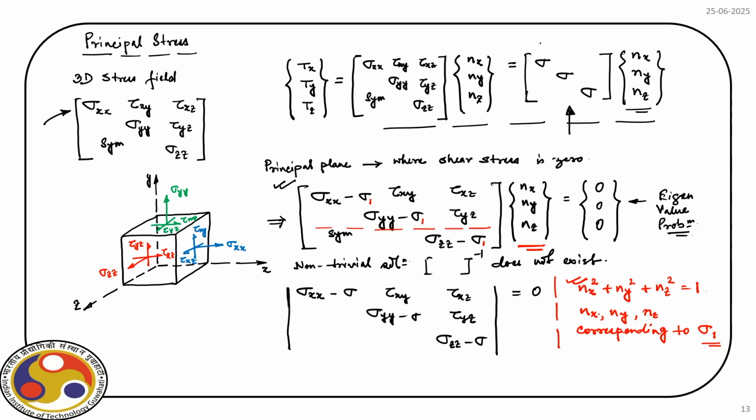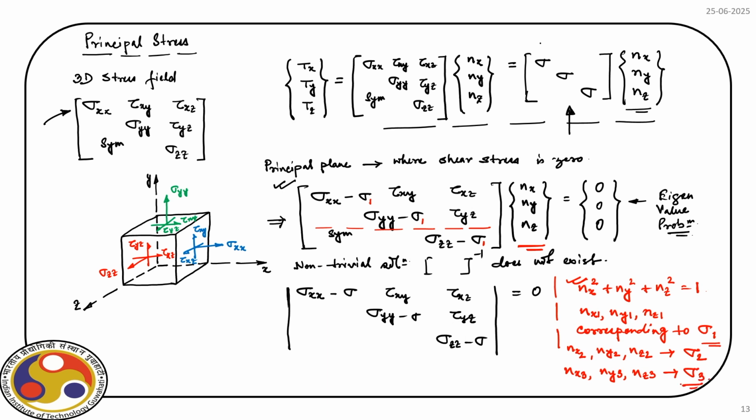So, that is the direction cosine corresponding to the first principal stress. Let us mark it nx 1, ny 1 and nz 1. Similarly, we can also find nx 2, ny 2, nz 2 corresponding to sigma 2, and nx 3, ny 3 and nz 3 corresponding to sigma 3.